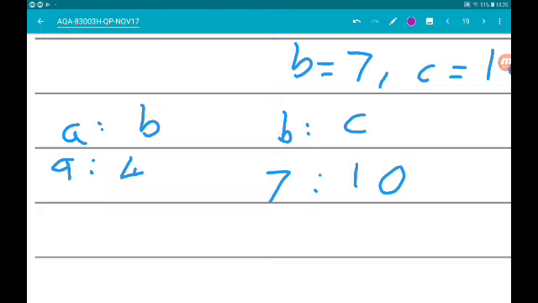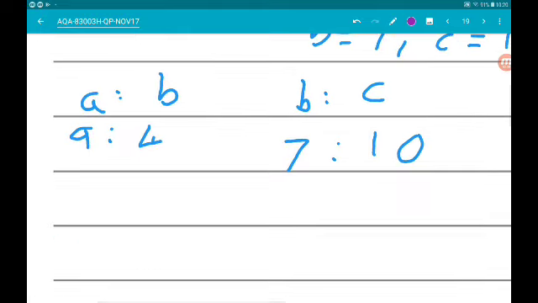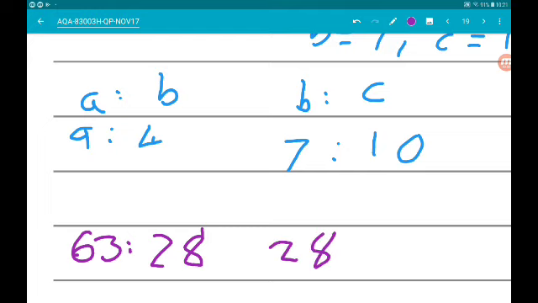So, what's the first number that 4 and 7 go into? It's 28. So we're now going to change each ratio so that the b part is 28. So it's 9 to 4, and 4 to 28 we times by 7. So we get a to b is 63 to 28. And then to turn 7 into 28 we times by 4. So we get 28 to 40.